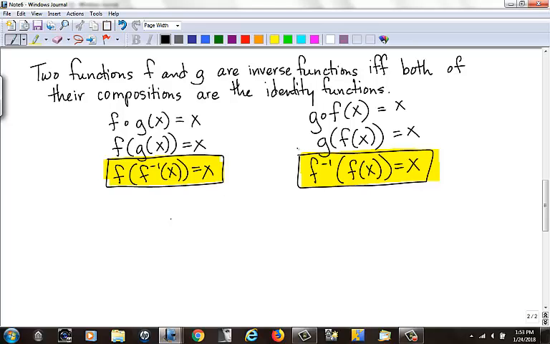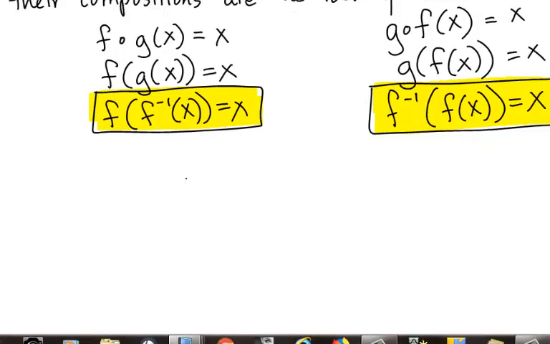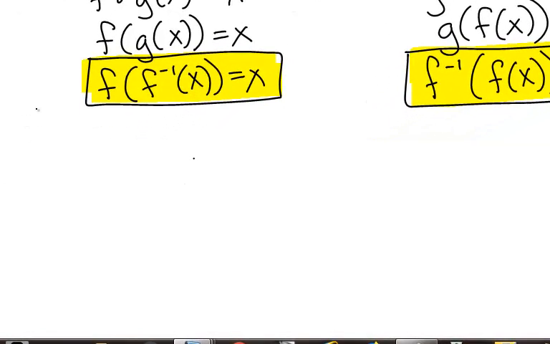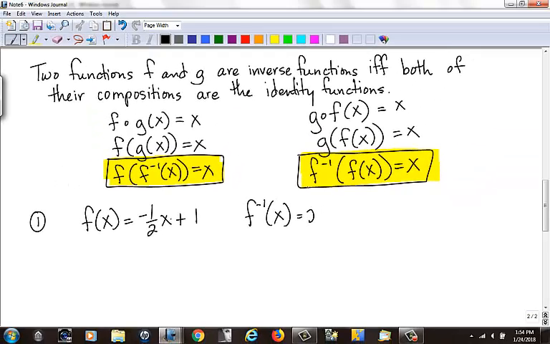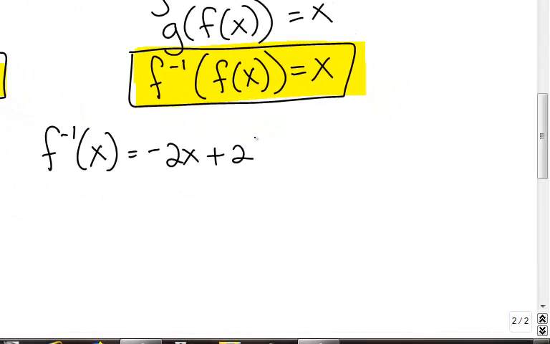If you go back and look at example 1, our f of x was negative 1/2 x plus 1. And the inverse that we got was negative 2x plus 2.